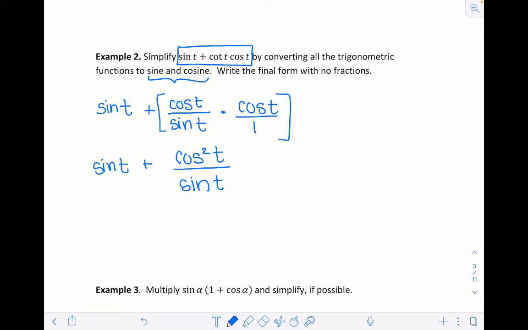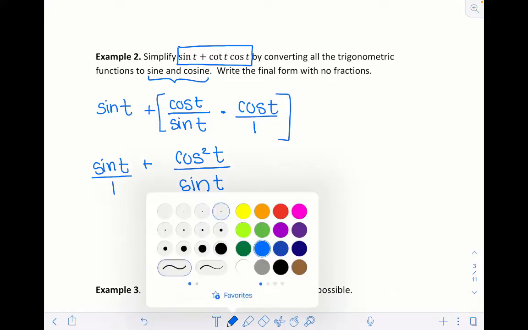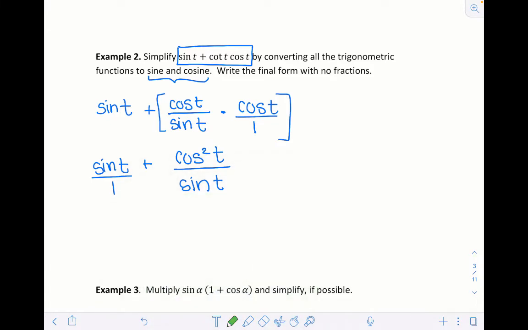Another rule for algebra is getting common denominators. So I can see here I've got one fraction, the other one's not a fraction. So again, I can make it a fraction by just putting it over 1. I can get a common denominator here. And so in order to get the denominator of sine of t, I can multiply this one by sine of t over sine of t.